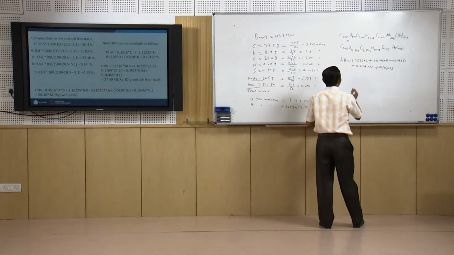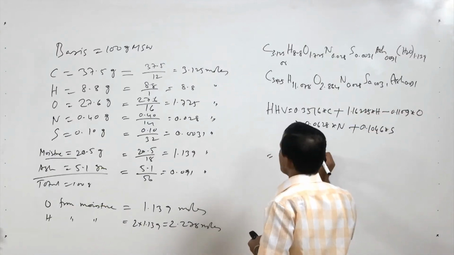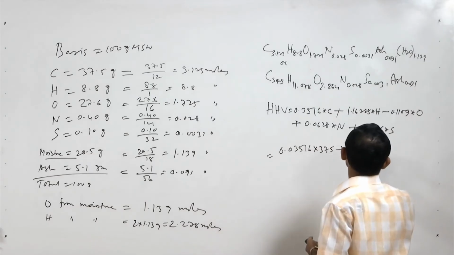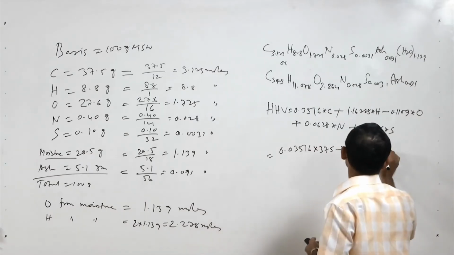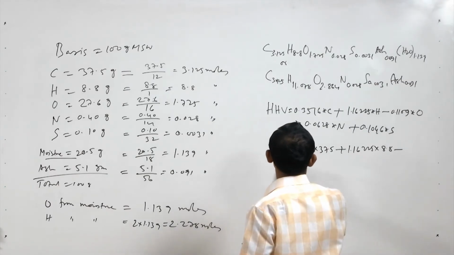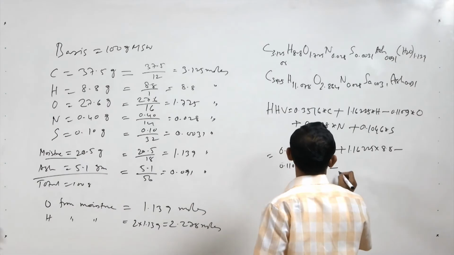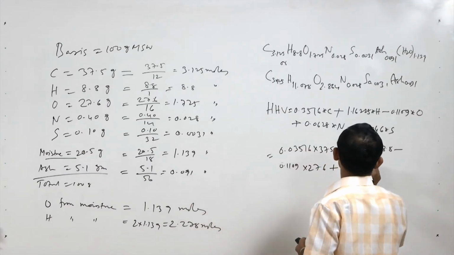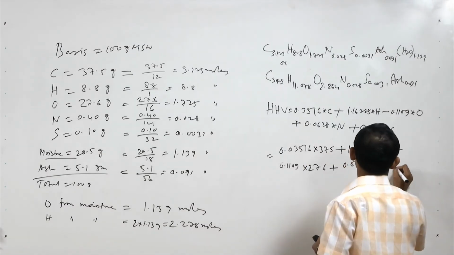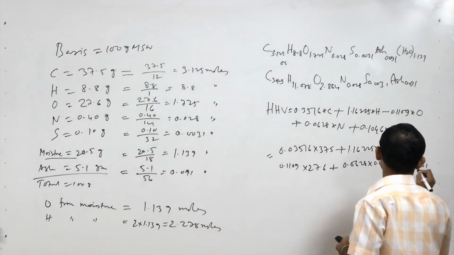If we want it on a wet basis, we put the values: 0.03516 into C, so 37.5, plus 1.16225 into 8.8, minus 0.1109 into 27.6, plus 0.0628 into 0.4, plus 0.1046 into 0.1.